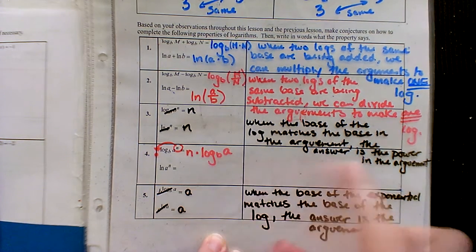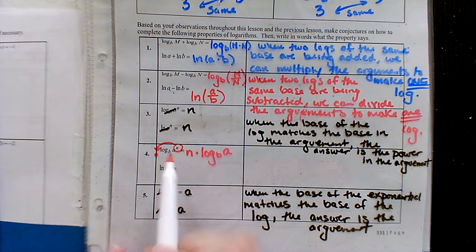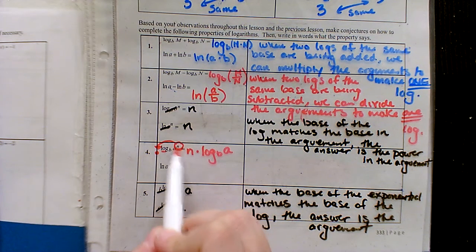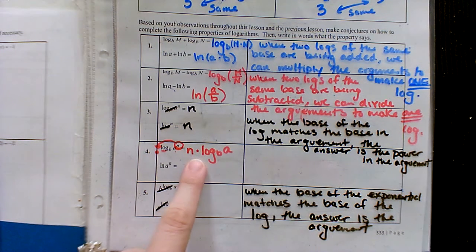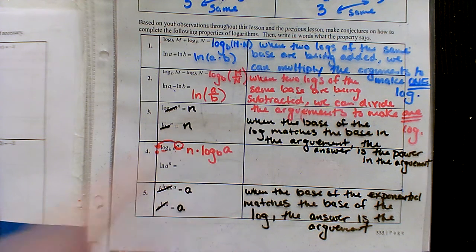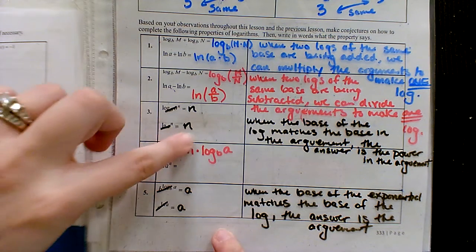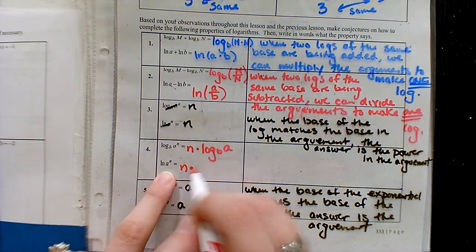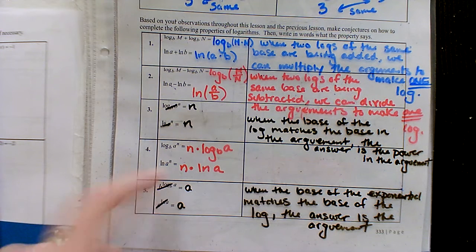Okay, and aren't logs powers? So notice how this log, which is essentially a power, is being raised to a power. We can multiply those powers together. So it's very related to that other property of exponents. Same thing can go on for natural logs. We can bring the power out front as a multiplier.